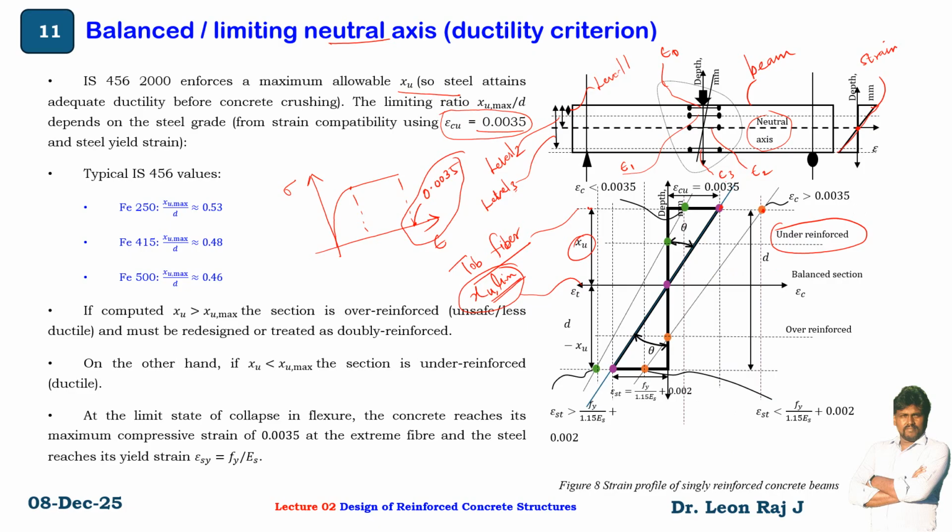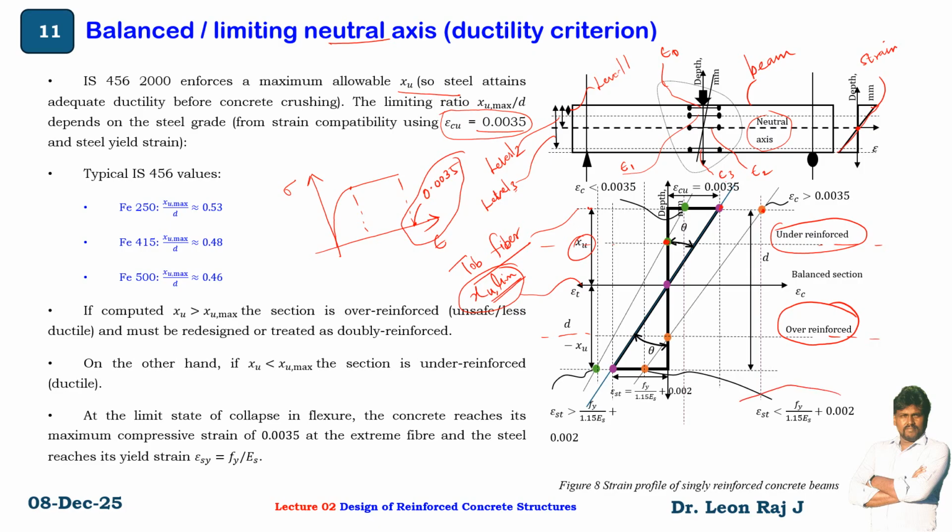When XU is less than XU limit, it is called under reinforced. When XU is greater than XU limit, it is called over reinforced, and at exactly the limit it is a balanced section. If the strain distribution crosses here, then it is called an over reinforced section.